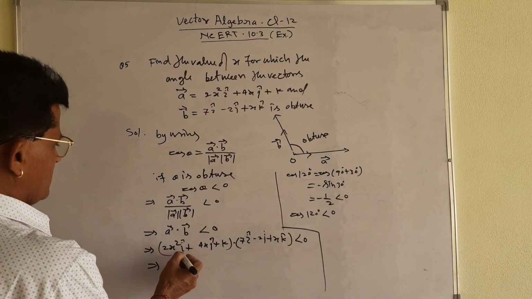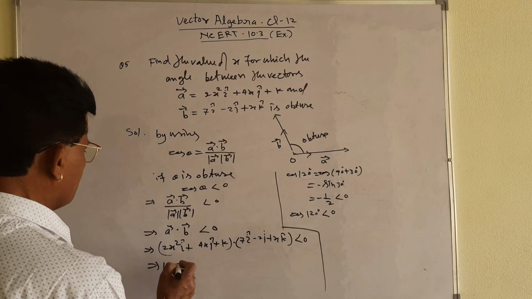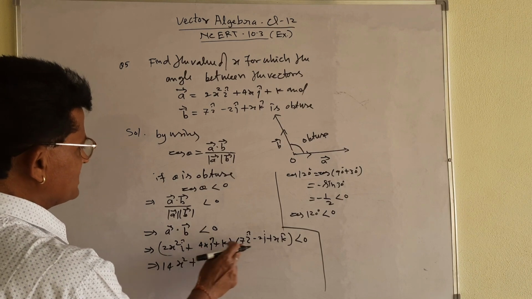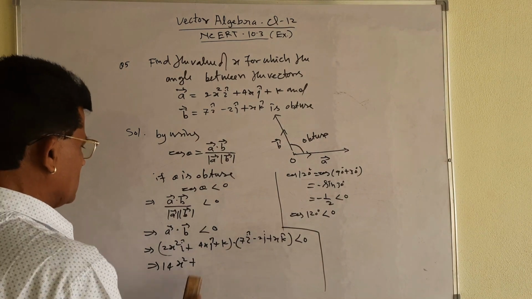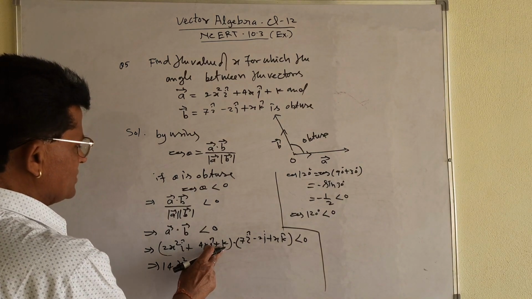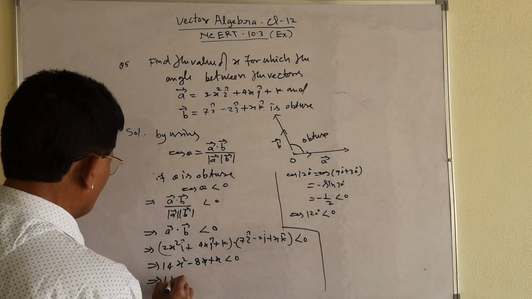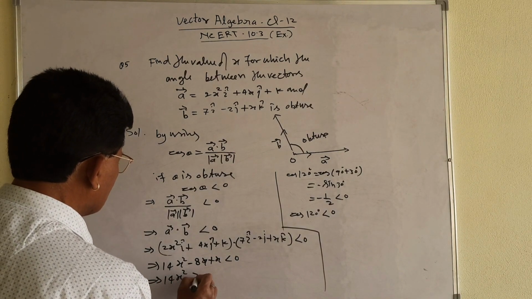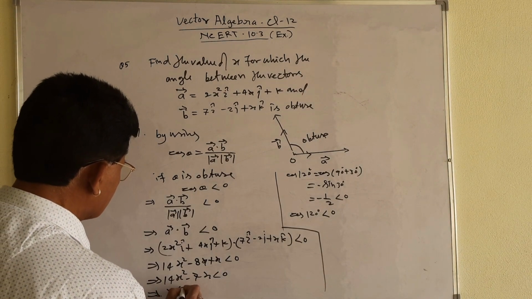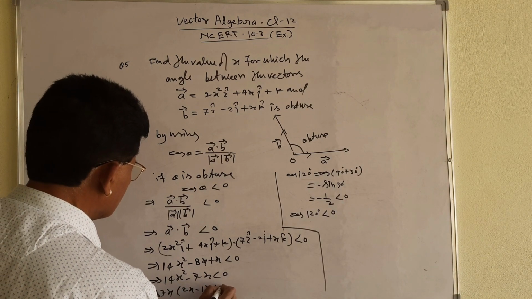The i component gives 7, and 2 into 7 gives 14x square. Then 4x times minus 2 gives minus 8x. Here it is 1 times x, plus x, less than 0. You see, 14x square minus 7x is less than 0. What will the factorization be? I have taken 7x out: 7x times 2x minus 1 is less than 0.